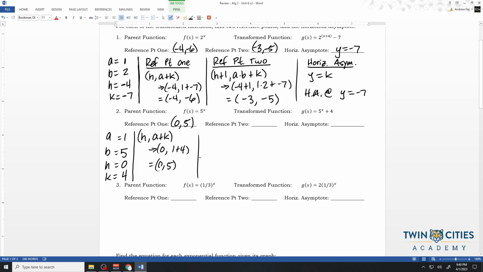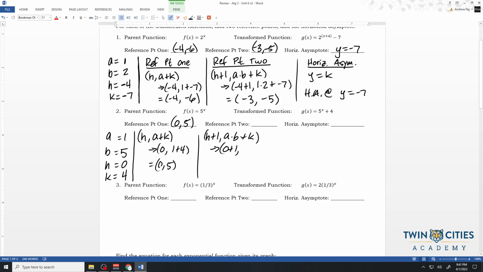For the second reference point, again, I take a look at b, and this is greater than 1. So this is growth. I'll be using h plus 1, and then a times b plus k. So h plus 1 is 0 plus 1.